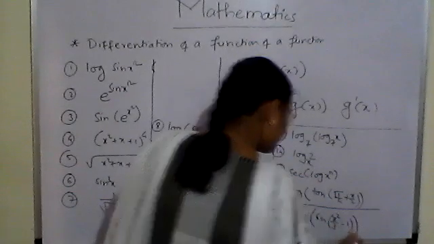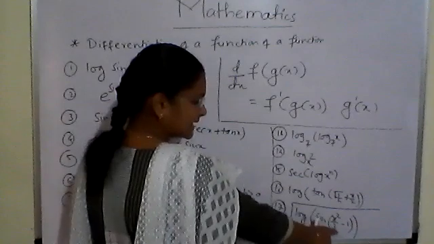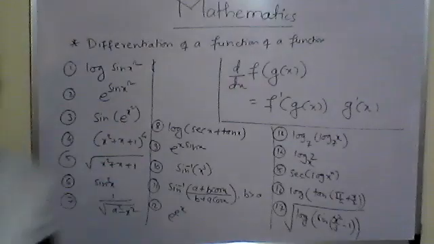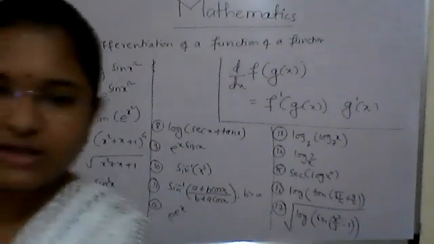Is it visible, 17th? Bracket complete. Sine bracket complete. Log of this bracket. Okay, so we have now all these 17.